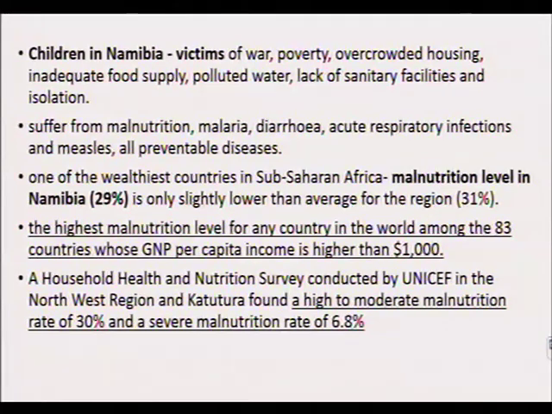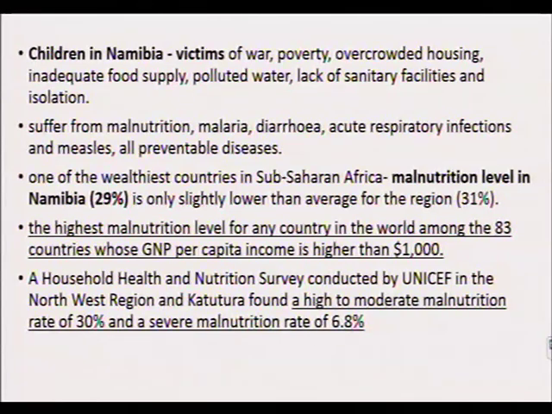We also find that in many areas children suffer from malnutrition, malaria, diarrhea, acute respiratory infections, measles, and other preventable diseases. It is quite shocking to know that we are one of the wealthiest countries in sub-Saharan Africa, but our malnutrition level is 29%, which is only slightly lower than the average for the whole region.